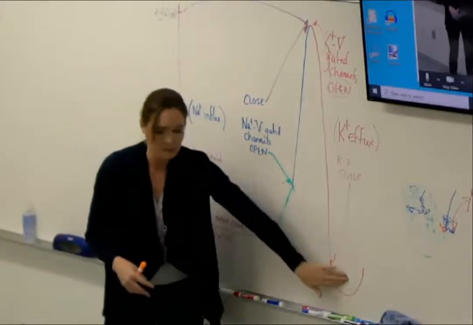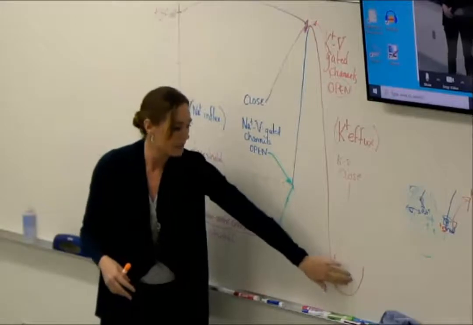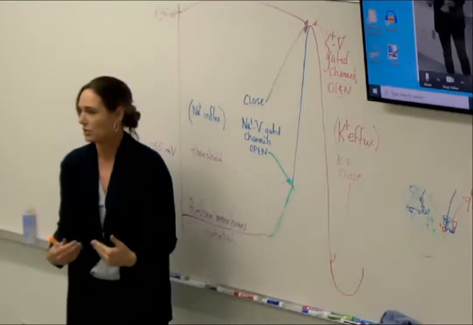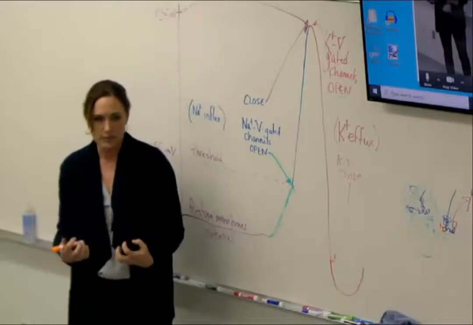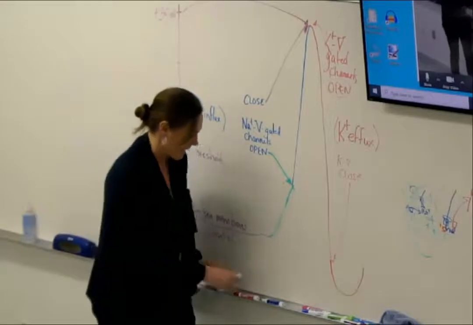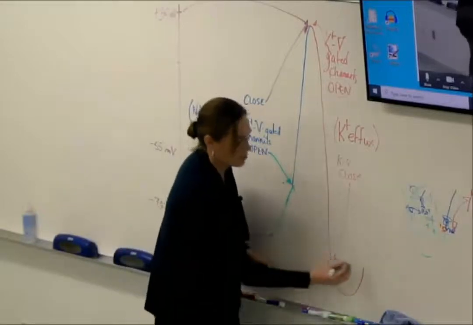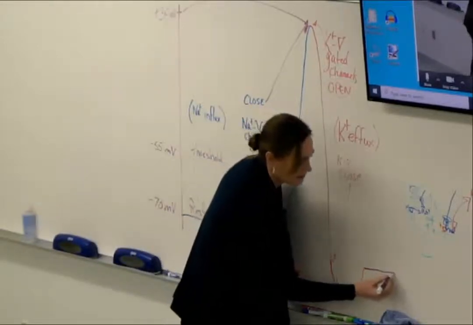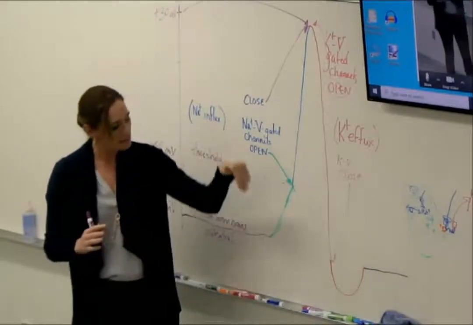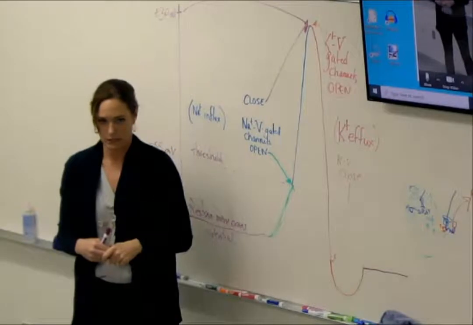It's during this time that the sodium potassium pump does its magic and reestablishes the concentration gradient, brings the potassium back into the cell, kicks the sodium back out of the cell, and then we have returned to our resting membrane potential. So those are the steps of the action potential.